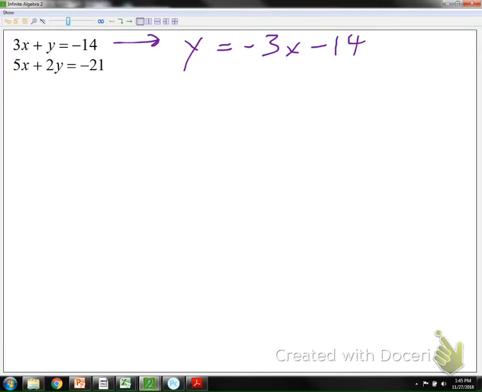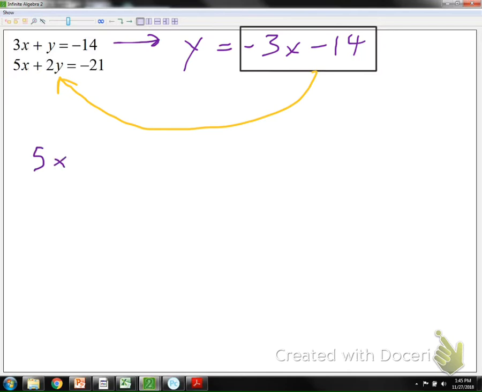And now I want to take this value for y right here and substitute it into the other equation in the place of y, and that'll give me an equation that just has x. So we'll take the second equation, which is 5x plus 2 times y, which we discovered to be negative 3x minus 14, equals negative 21.